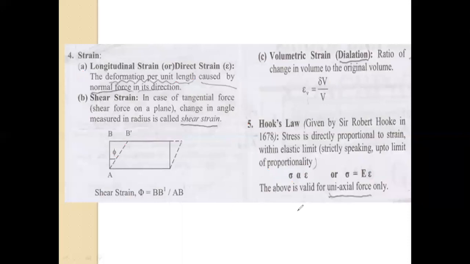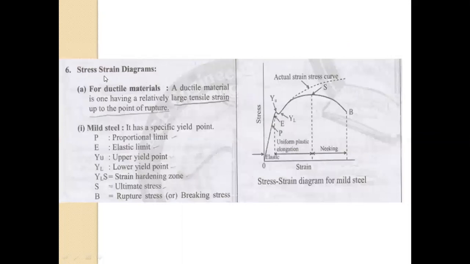Then next point, the stress strain diagram. First we will see the stress strain diagram for ductile materials. Now we are civil engineers, so we require two types of materials, ductile materials and brittle materials. First, what is meant by a ductile material?